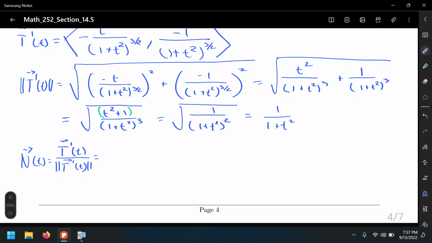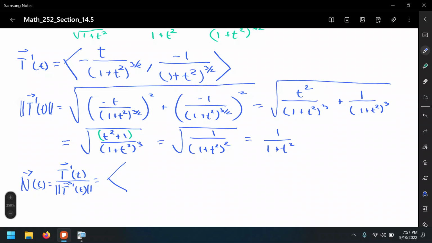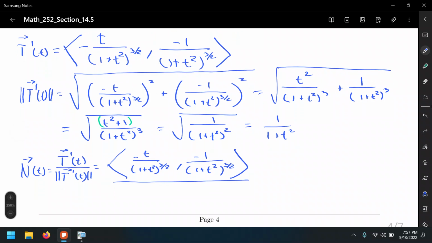Let's write down the derivative of the tangential, which is this expression right here, negative t over 1 plus t squared to the 3 halves, comma, negative 1 over 1 plus t squared to the 3 halves, and the whole thing divided by this quantity right here, which is 1 over 1 plus t squared.